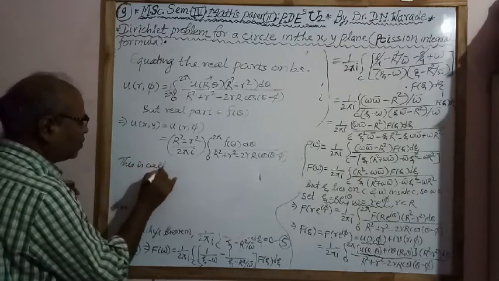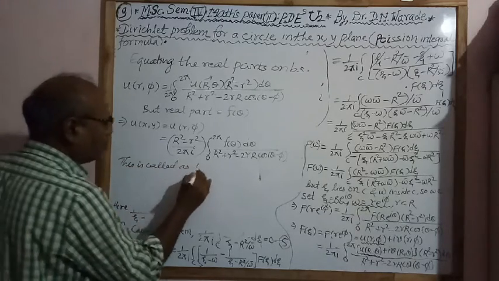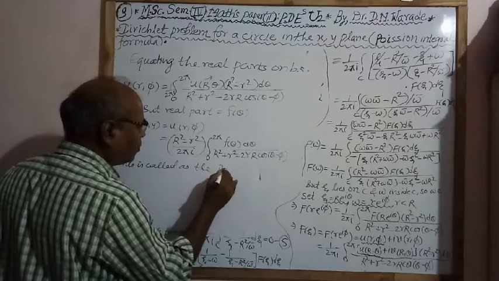This is called the Poisson integral formula.